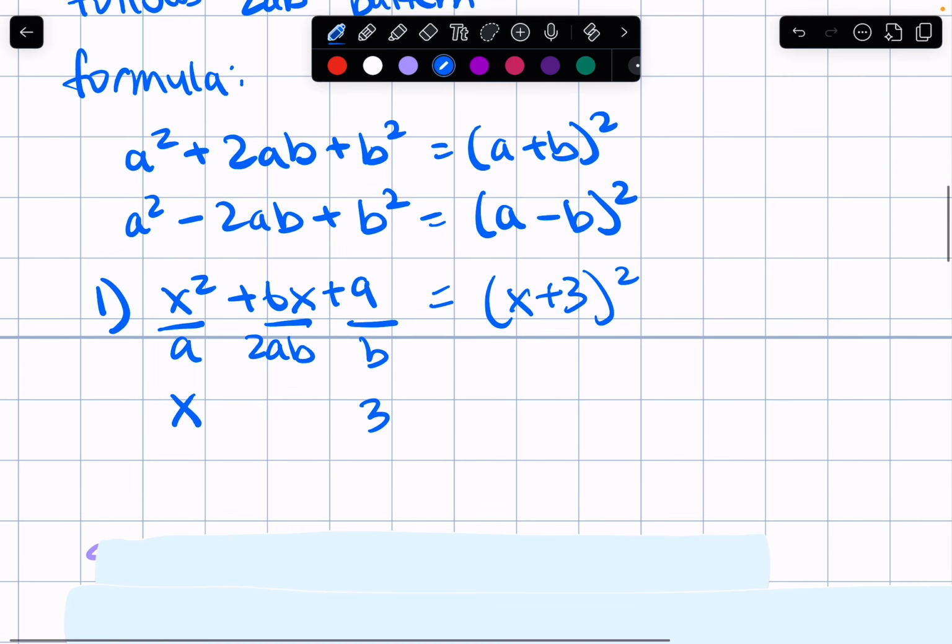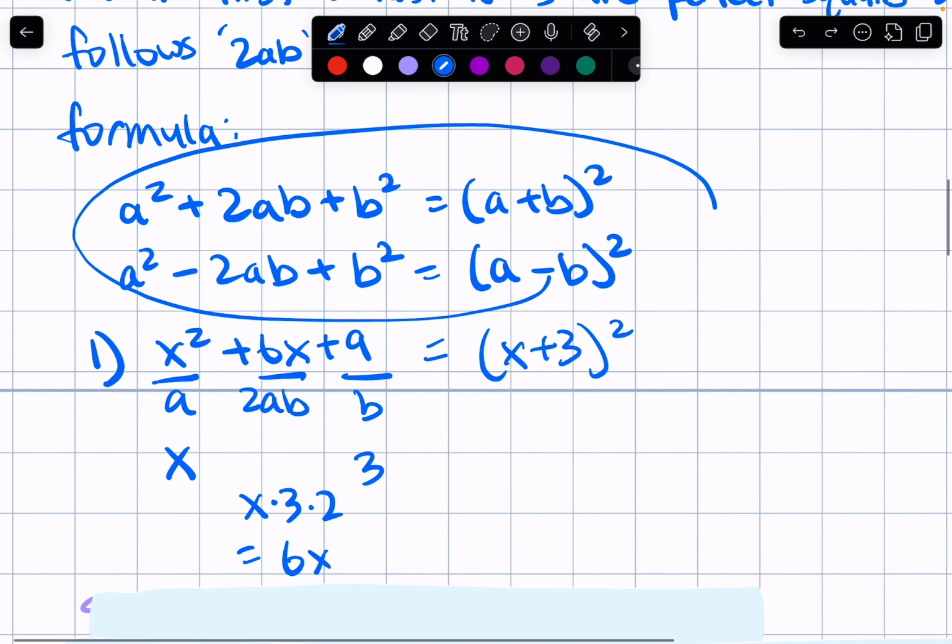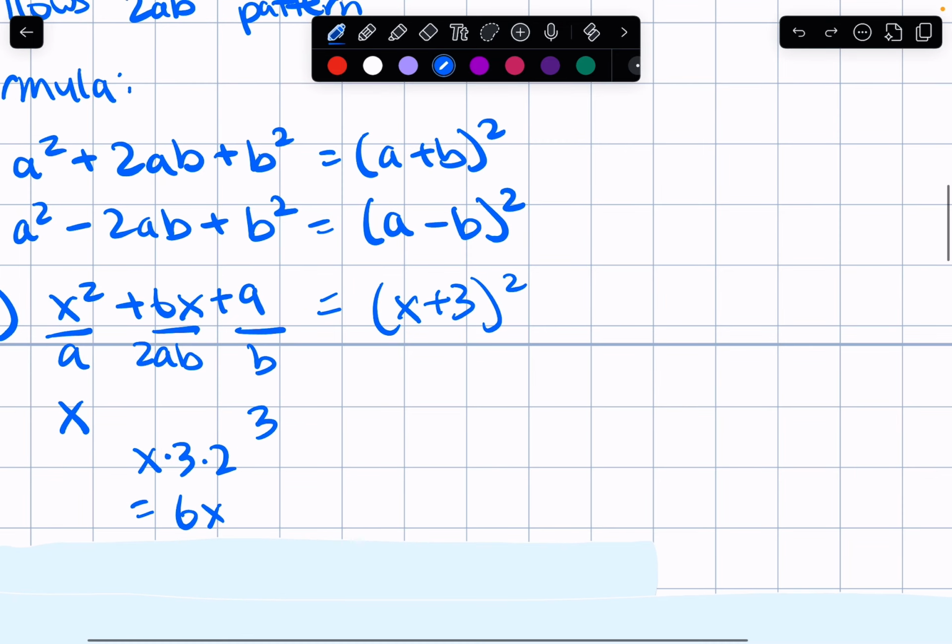And we know that x times 3 times 2 is equal to 6x, which is equal to this. So we can use this formula, and that simplifies to x plus 3 squared.